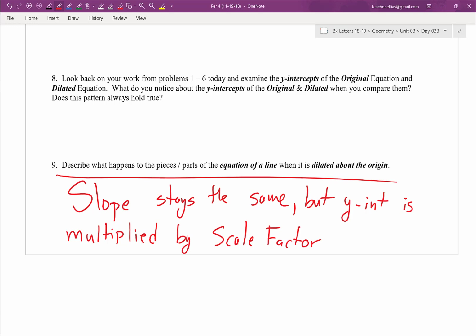That stays the same for y. What's the equation of the new line?